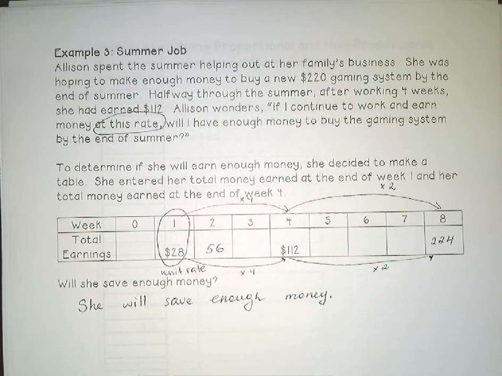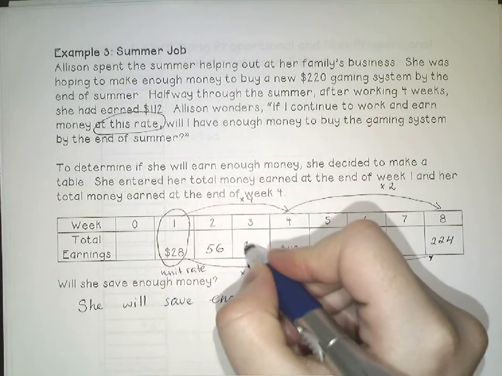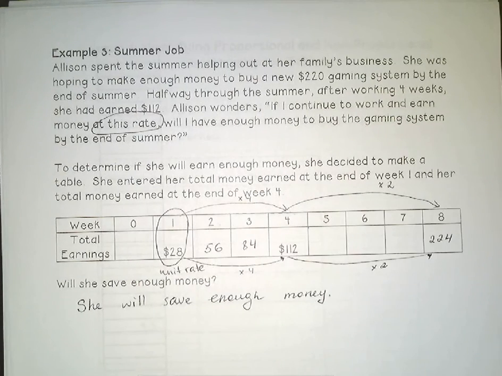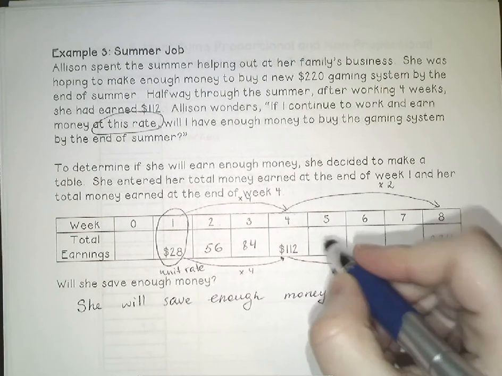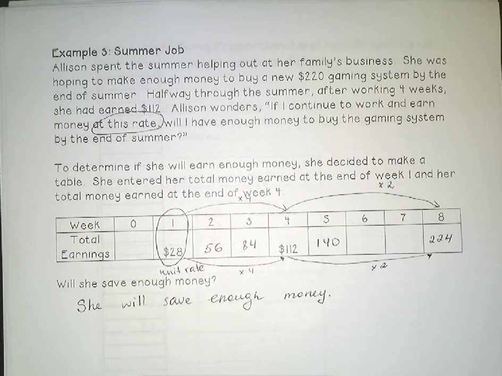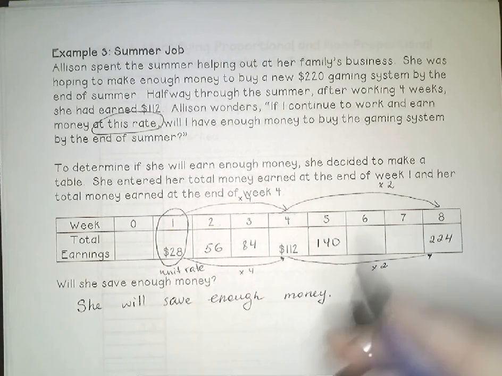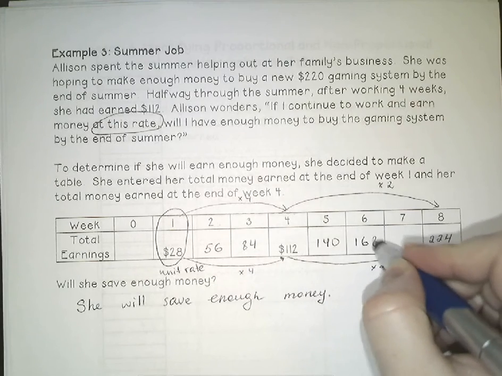If I multiply 3 by 28, I will get 84. If I multiply 5 by 28, I will get 140. If I multiply 6 by 28, I will get 168.